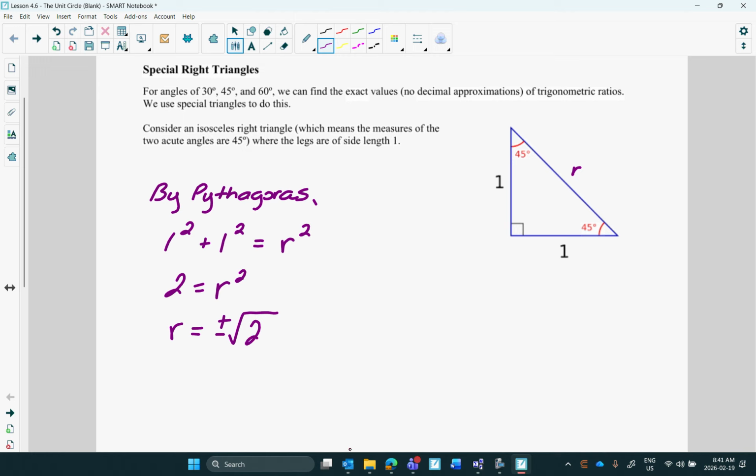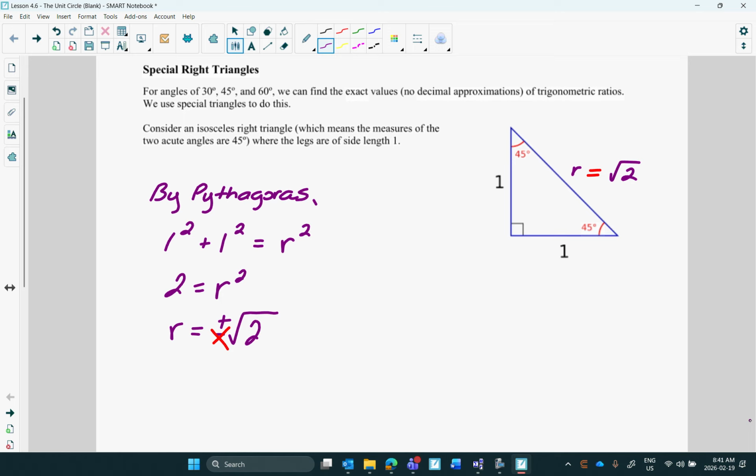But every hypotenuse is positive, so we cancel out the negative. So that means the length of this side is the square root of 2, if I say this side is 1 and this side's 1.